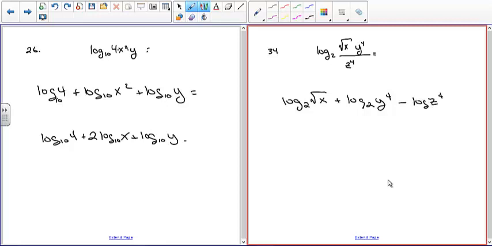Okay, so now we've broken this product quotient up into summations. Then we want to see if we can use the exponential property of logarithms. So here we rewrite the square root as x to the 1/2. And this one we just leave the same, and this one we leave the same. Now we can use the property of taking the exponent out.